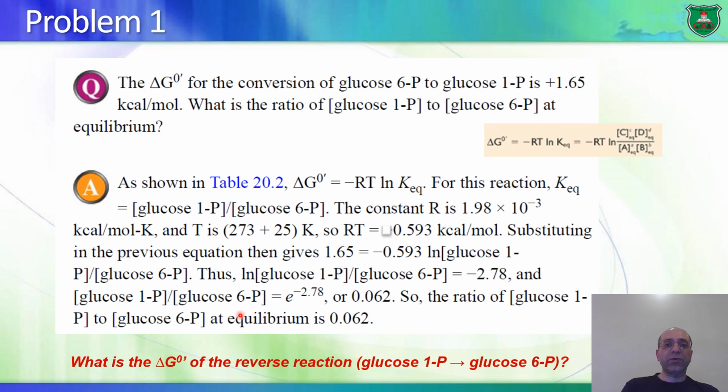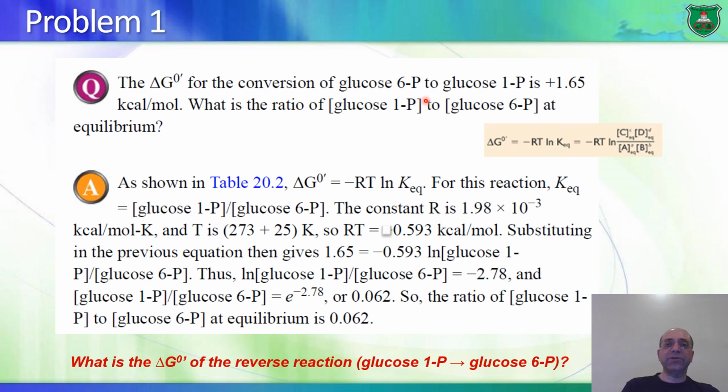And then the ratio can be calculated. You can use a calculator, and it would be equal to 0.062. So the ratio of glucose 1-phosphate to glucose 6-phosphate at equilibrium is 0.062.